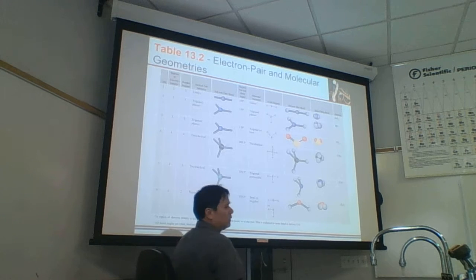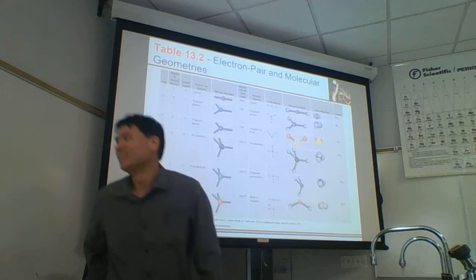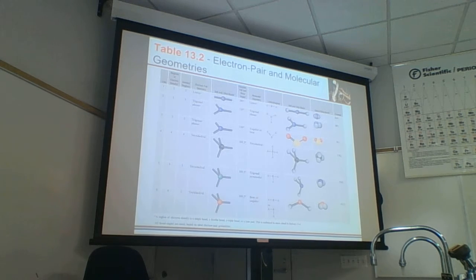So, normally when we draw Lewis structures, we don't care about the angles. When I draw a Lewis structure, I'm not really paying attention to the angles. So for BF3, I can just do this. It's perfectly fine.